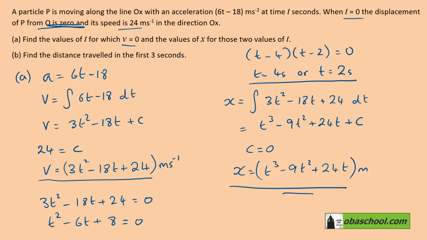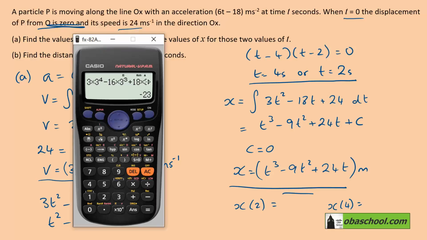So x of 2 we want to calculate, and we also want x of 4. If t is equal to 2, we're going to get 2 cubed, take away 9 times 2 squared, plus 24 times 2.